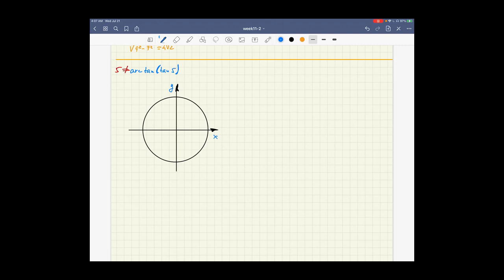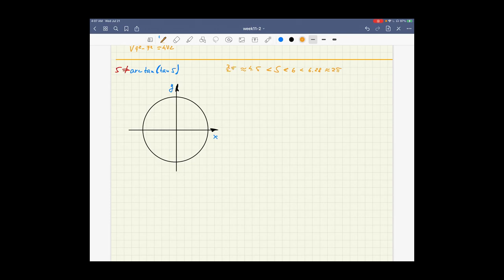Where is the angle 5 in the unit circle? Well, 5, I claim, is in the fourth quadrant because definitely 5 is less than 6, which is less than 6.28, which is roughly 2 times pi. On the other hand, 5 is more than 4.5, which is roughly 3/2 pi.